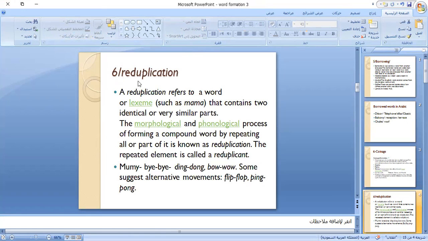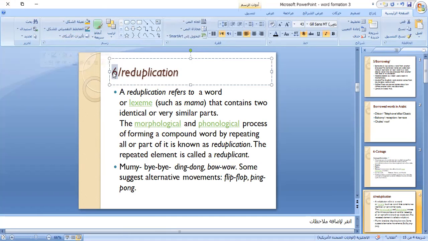Now, another process through which we can form new words is reduplication. Process 7, we call it reduplication. Reduplication refers to a word or lexeme such as ma. The word double means two.